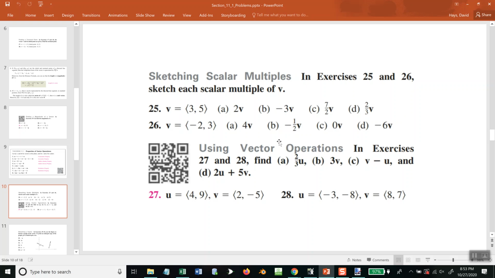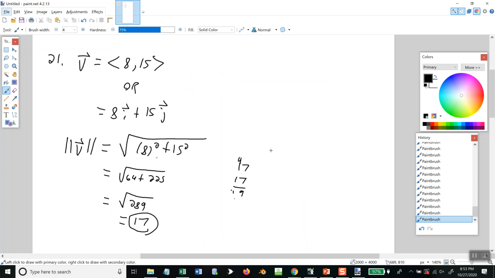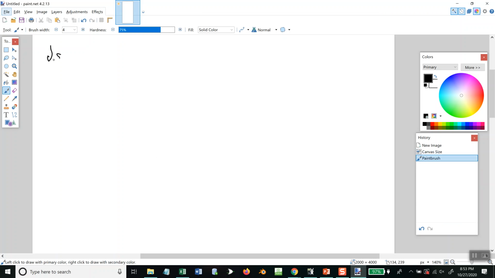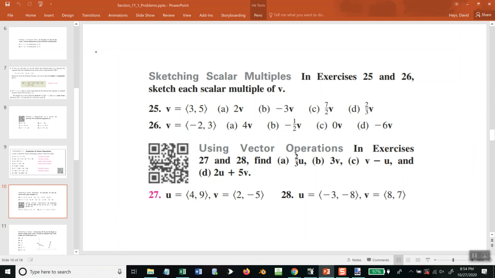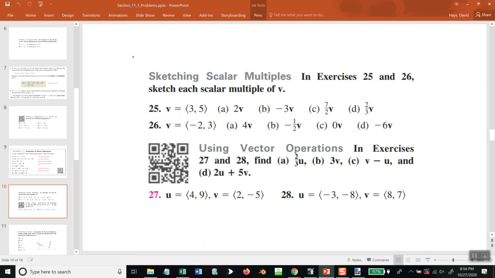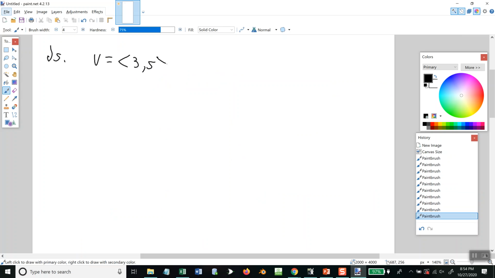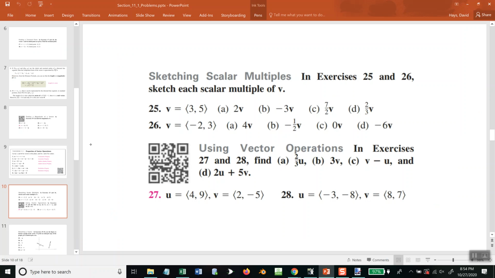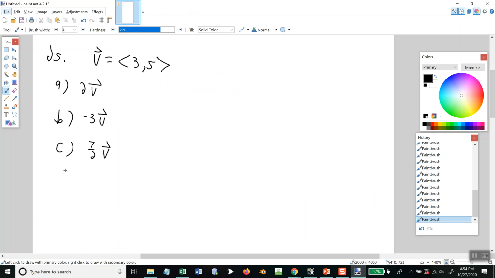Okay, so let's take a look at number 25. We're wanting to find 2v, negative 3v, 7/2 v, and 2/3 v.